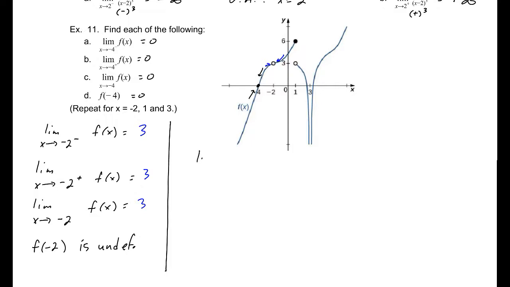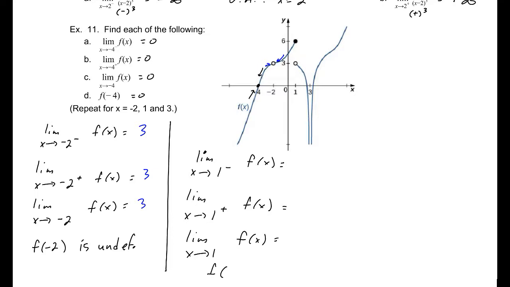All right, next, the limit as x approaches 1 from the left, the limit as x approaches 1 from the right of f of x, the limit as x approaches 1 overall of f of x, and f of 1. All right, so coming from the left of 1, we are approaching 6.